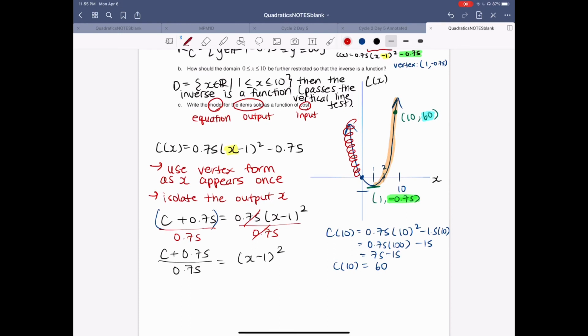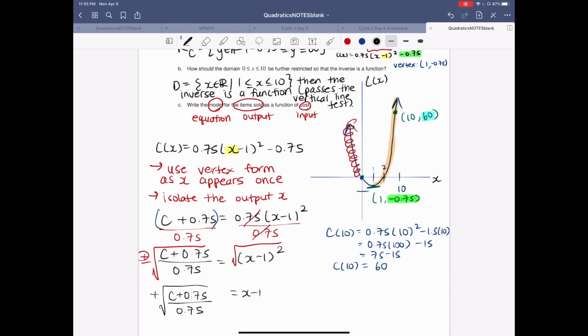Okay, I want to get x by itself, but I need to get rid of the squared by using square roots. If we do that, we always get the plus and minus version, but we always have items that are positive, so it makes sense to just take the positive version. And so we have x minus 1 is equal to the square root of (c plus 0.75) divided by 0.75.